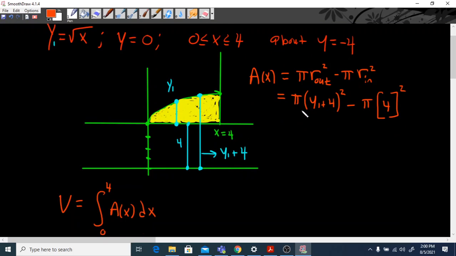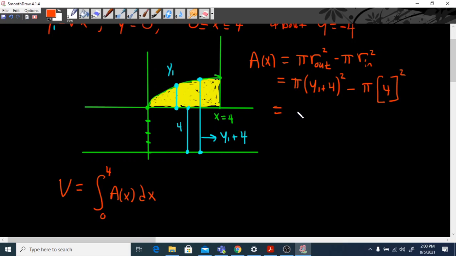So that's our area function. And now, of course, y1 is the square root of x. So this turns into pi times the square root of x plus 4, whole thing squared, minus 4 squared, which is 16, so we get 16 pi there for our area function. This is going to go straight in here: integral 0 to 4.